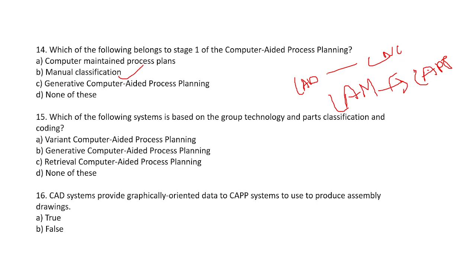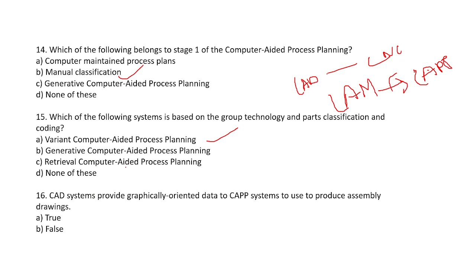Yes, variant computer aided process planning only is based on group technology coding and classification approach to identify a large number of part attributes, right? So this should be the right option.